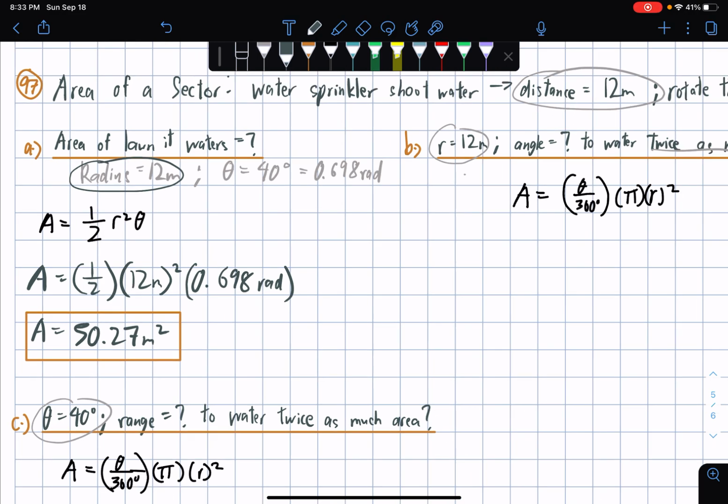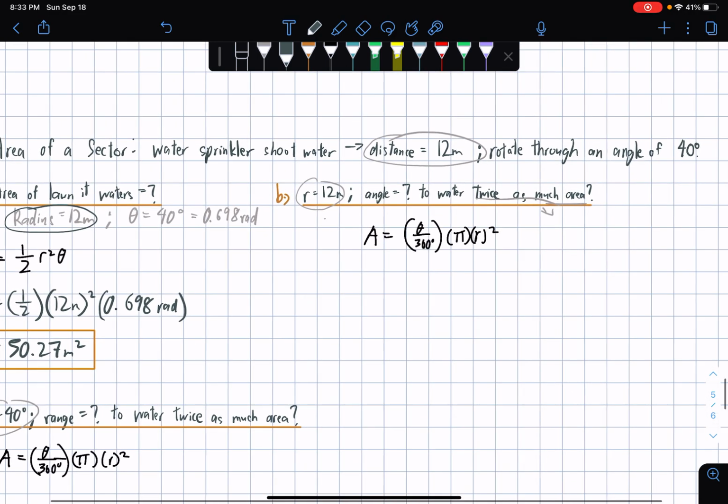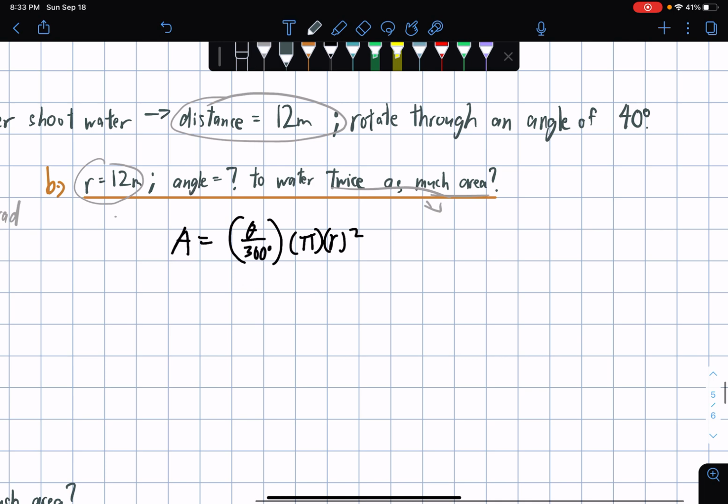Okay, so in letter B, the radius is still 12 meters. The angle, or the theta, is missing. And given that the area is twice, as stated here, so A is equal to 50.27. This is the initial value. Then we make it twice, so times 2.